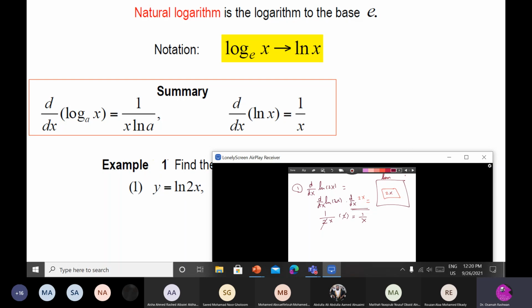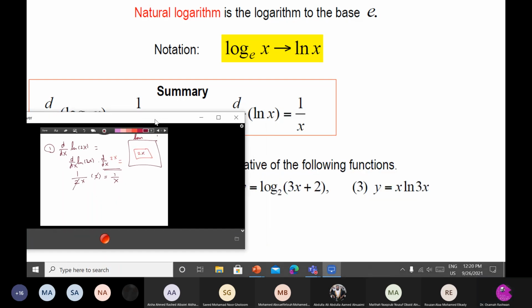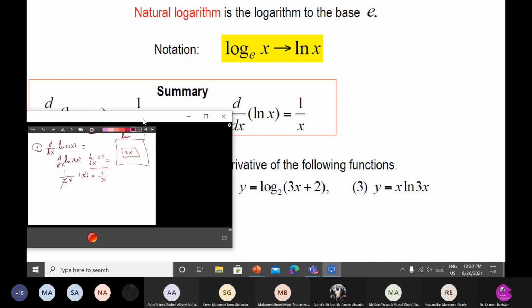What about number 2? Number 2, I would like to have d by dx for logarithm for base 2 of 3x plus 2. Again, I have a big box, which is logarithm of base 2, and a smaller box, which is 3x plus 2.